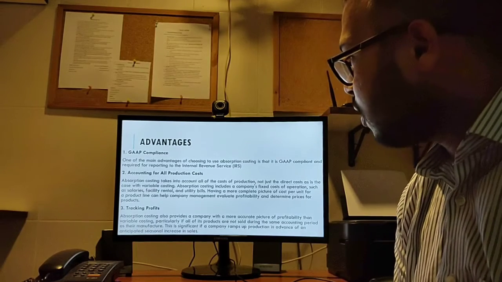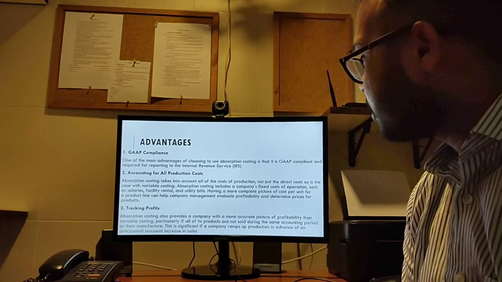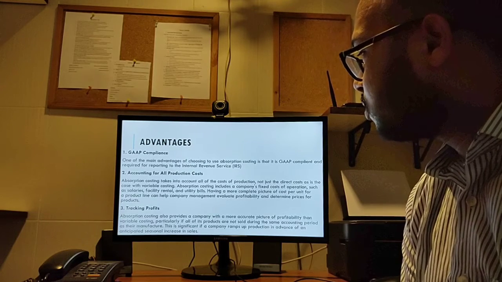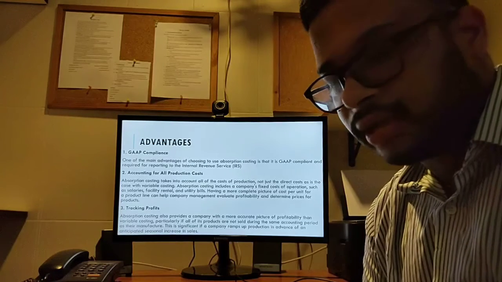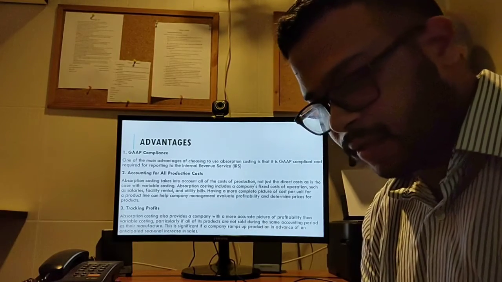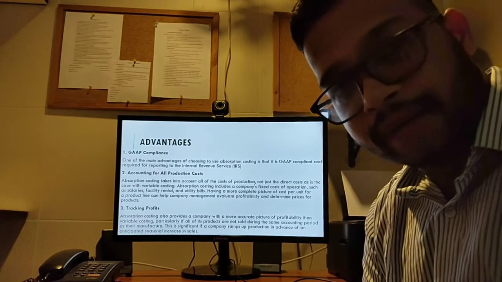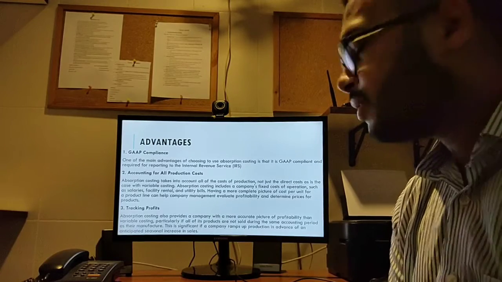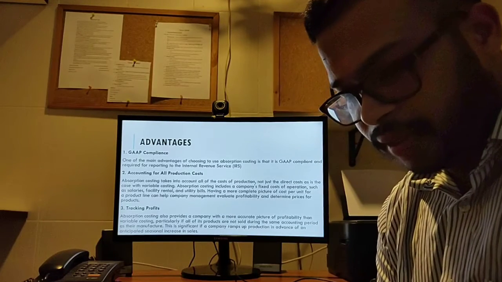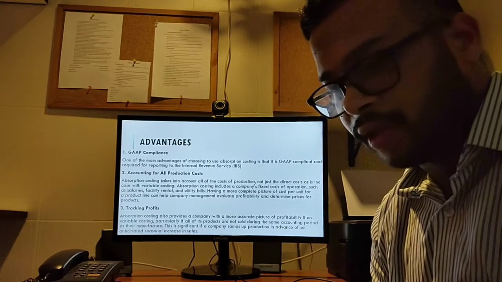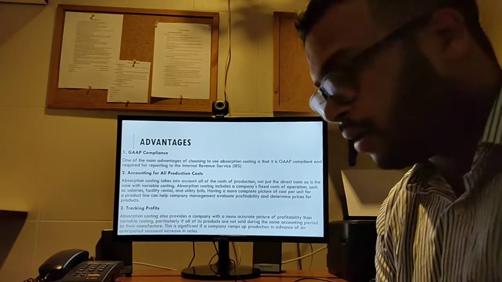So one of the main advantages of choosing to use absorption costing is that it is GAAP compliant and required for reporting to the Internal Revenue Service. As per US GAAP, the standards followed by American companies, they permit the use of absorption costing in their reporting.